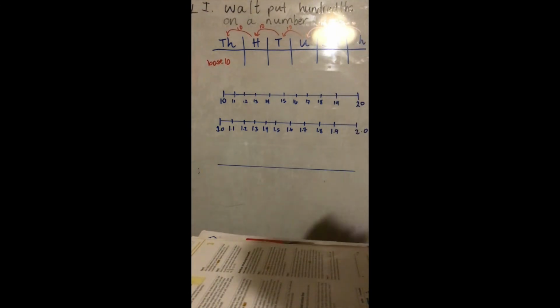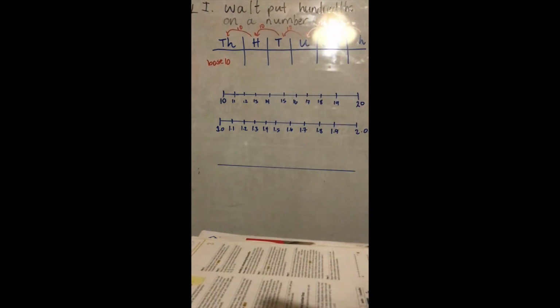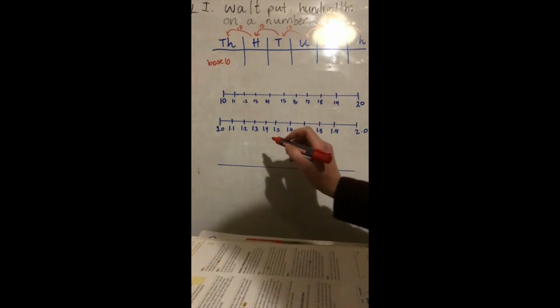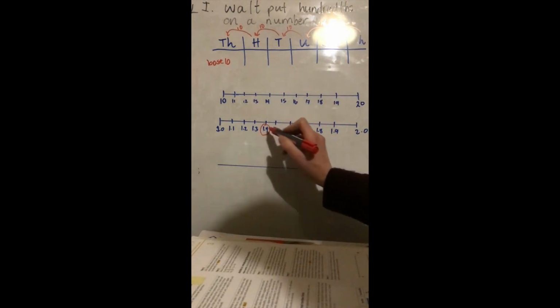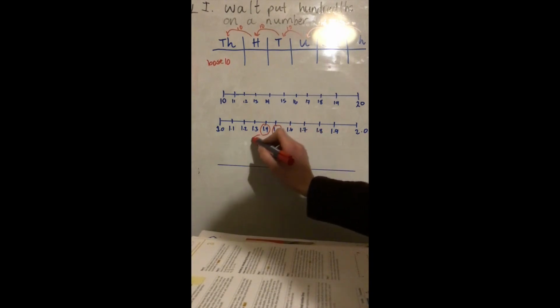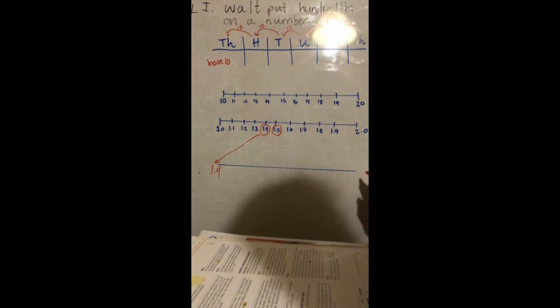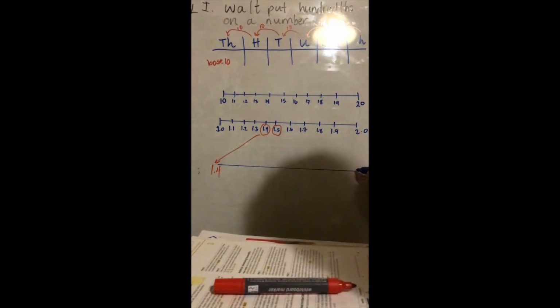Now, today what we're going to talk about is hundredths. Hundredths are again 10 times smaller than tenths. So if I took 2 tenths, for example, maybe we could do 1.4 and 1.5, because they are next to each other, and I put 1.4 over here and 1.5 over here.